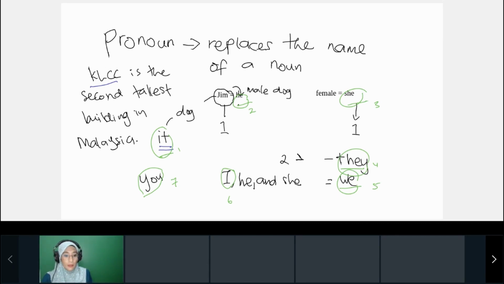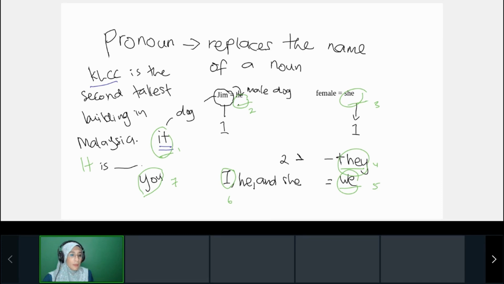No. Does it include I? No. Is it you? Can we replace KLCC as you? You are, oh no. So what do we use? We use it. So it is whatever.